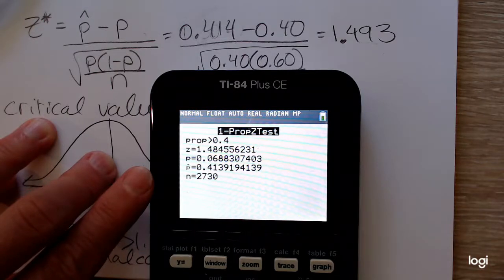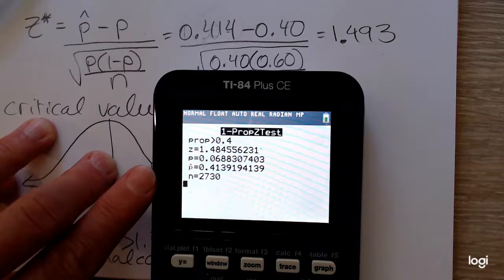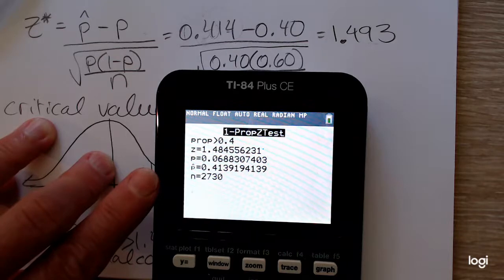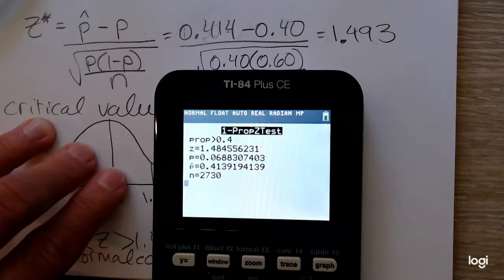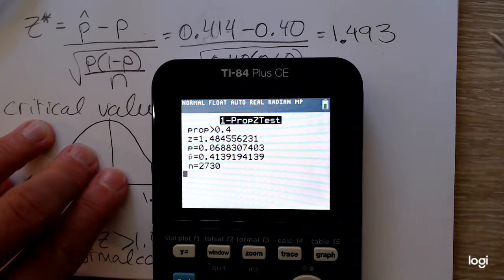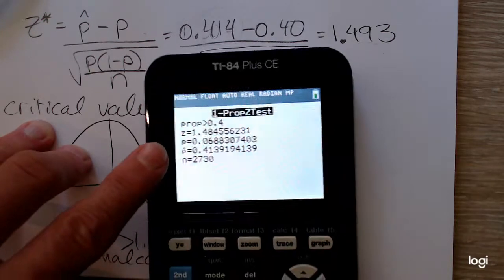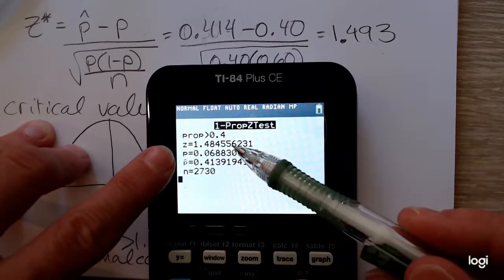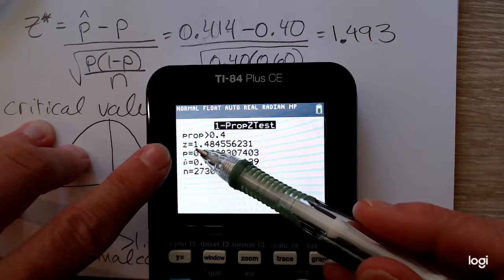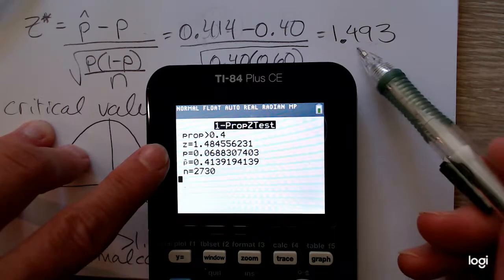So I strongly suggest, if you are in my class, to use technology whenever you're testing a claim about a proportion or finding a confidence interval about a population proportion, just because rounding issues greatly affect your answer, and you definitely want to be close enough to get the problem correct. Okay, but in terms of making the decision, our decision wouldn't change. Rounding to 3 decimal places, this is 1.485. When I got this by hand, I got 1.493.